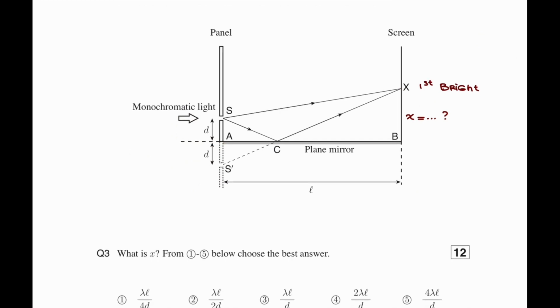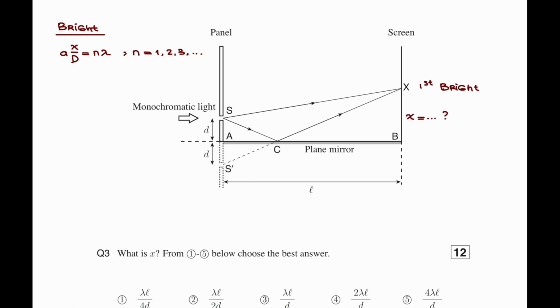If you remember the formula of Young double slit, for a bright fringe of the normal double slit, our formula is A X over D equals N lambda, where N equals 1, 2, 3, and so on.